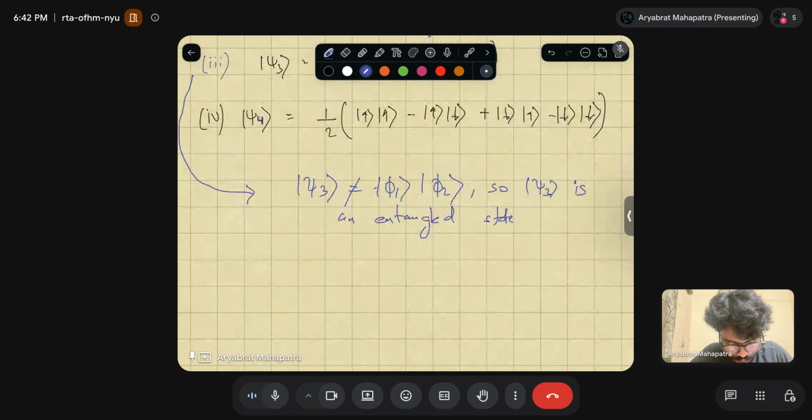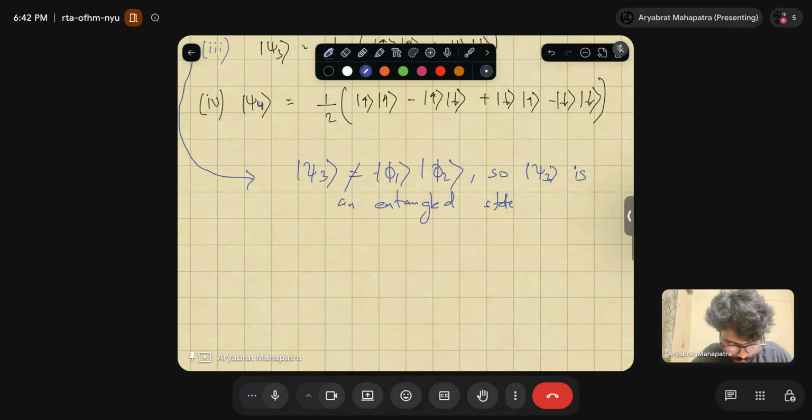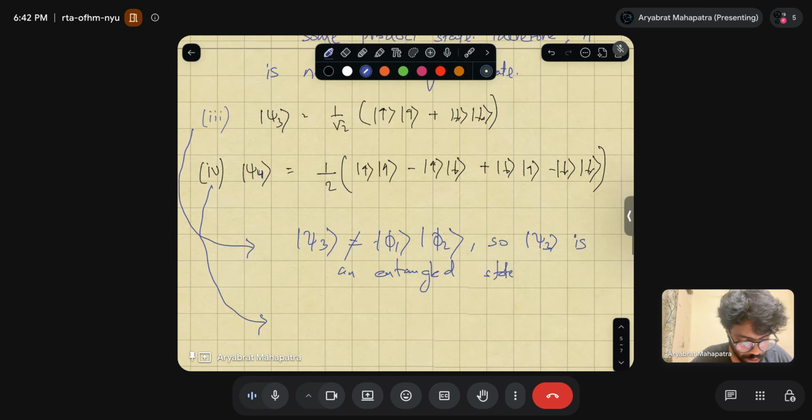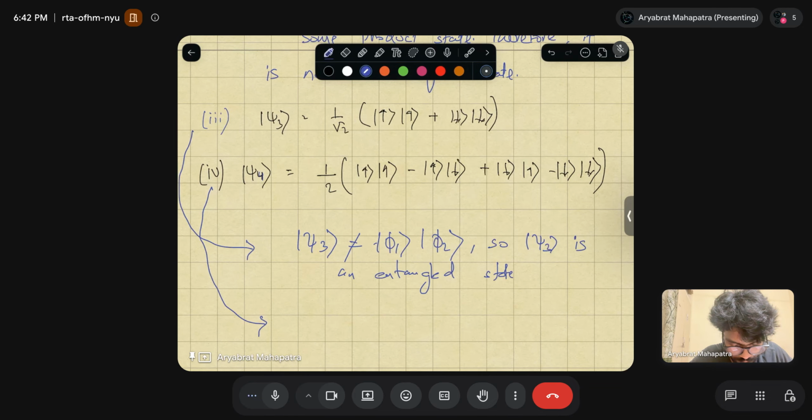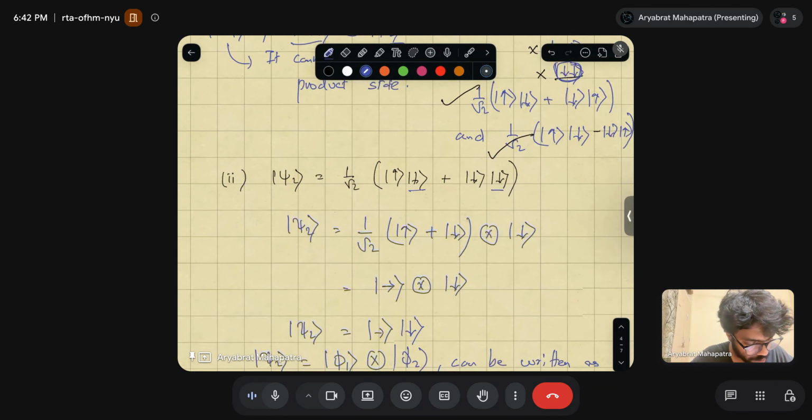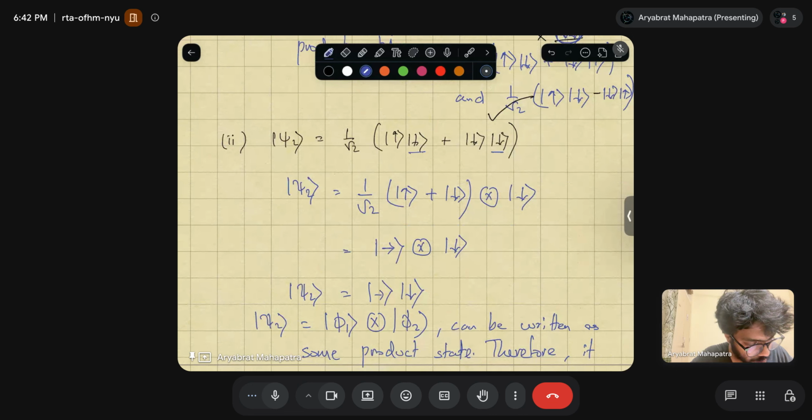Now for psi 4, in one of the previous examples I showed that after extracting out the common state from the tensor product linear combination, we got one type of state which we denoted with this right arrow.